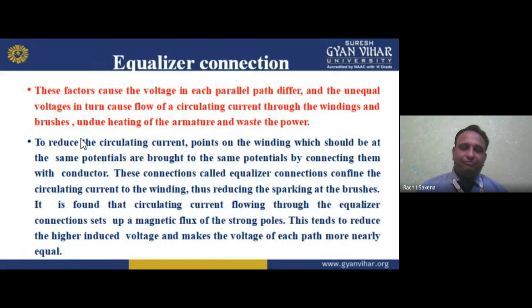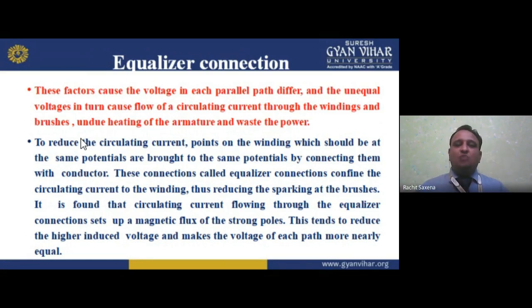These factors cause the voltage in each parallel path to differ. Some are closer, some are not closer. The closer one has higher flux, the non-closer one has lower flux, so the voltage in each parallel path differs from the others.